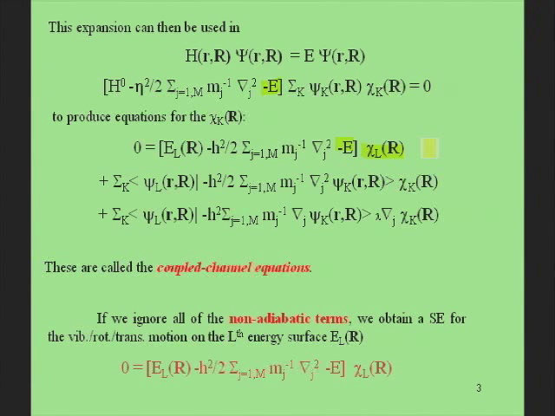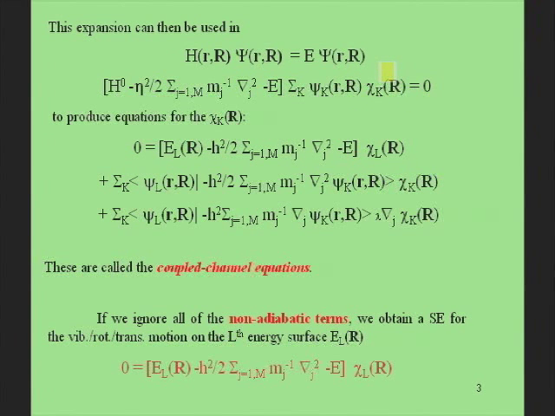Then I also get terms that involve, now here's the hard things, 3 new kinds of terms. The nuclear kinetic energy operator, minus h bar squared over 2, summation over j equal 1 to m, 1 over mass of nucleus j, del squared for nucleus j's positions, can act in 3 different ways. The second derivative could act on the chi k and not on the psi k, or act on the psi k and not on the chi k, or I get a cross term, where there's a first derivative on the psi k and a first derivative on the chi k.